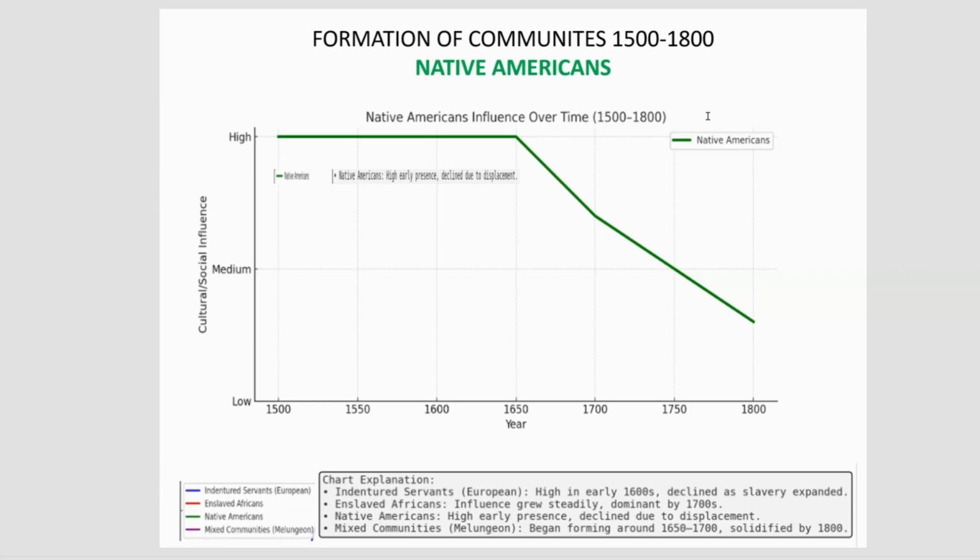So the Native Americans' high early presence declined due to displacement, through sicknesses, through not wanting to assimilate, and through wars that we may have heard about. Over time they were very high in the land, but then their presence started to fall off.